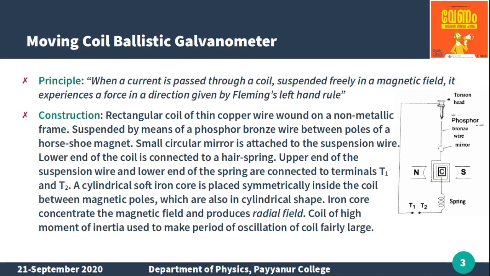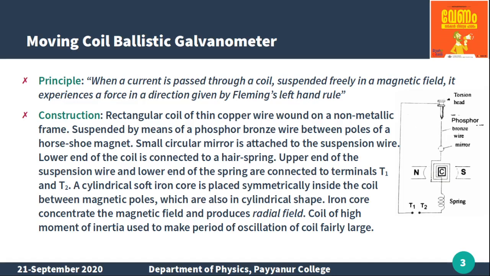So, you already learned about the moving coil galvanometer in your plus 2 classes, where you studied not the moving coil ballistic galvanometer. Instead, you studied the moving coil deadbeat galvanometer.